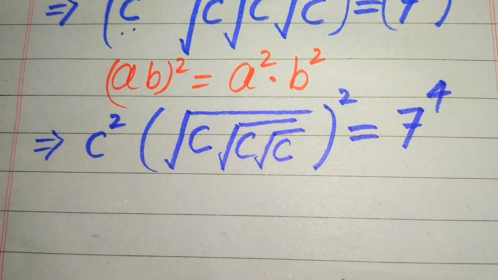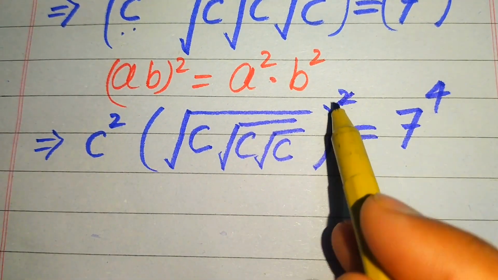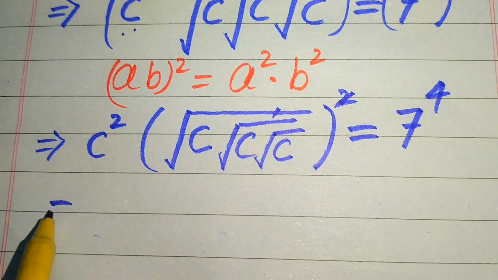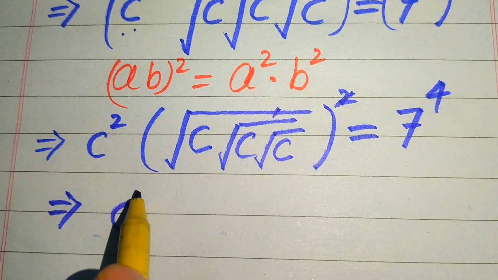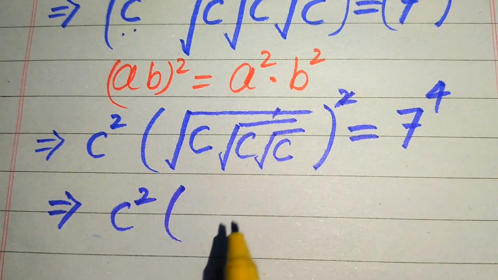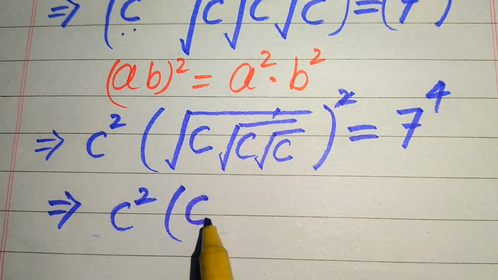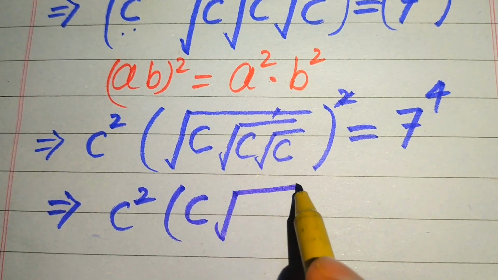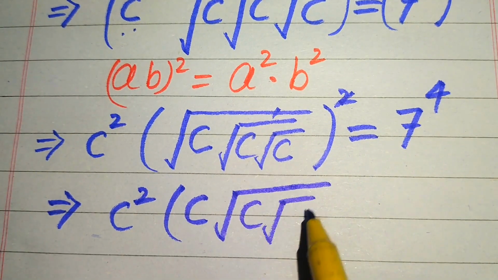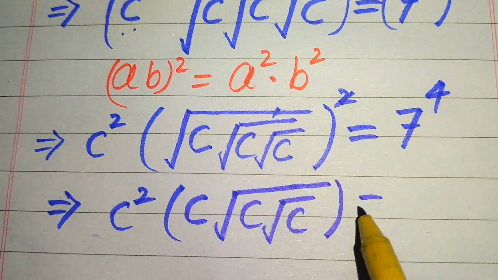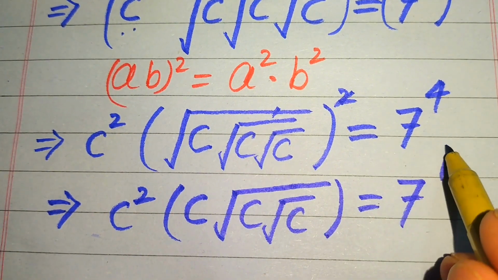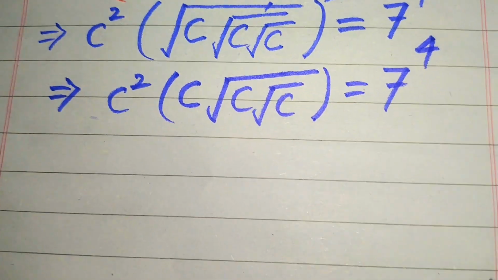And now in the next step, you see that this 2 and the square root cancel out each other, and we get the remaining values: c squared into c times the square root of c into the square root of c, and this is equal to 7 to the power of 4.